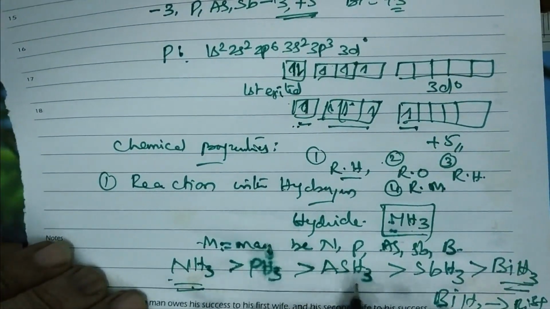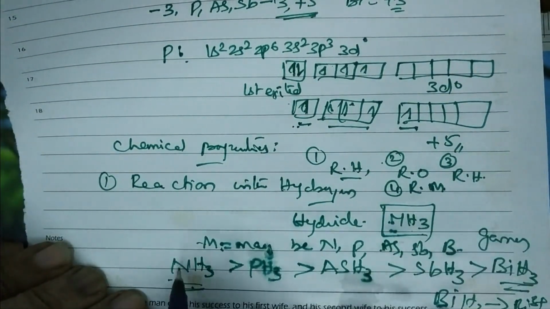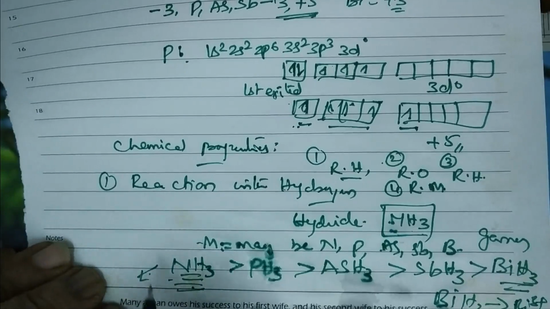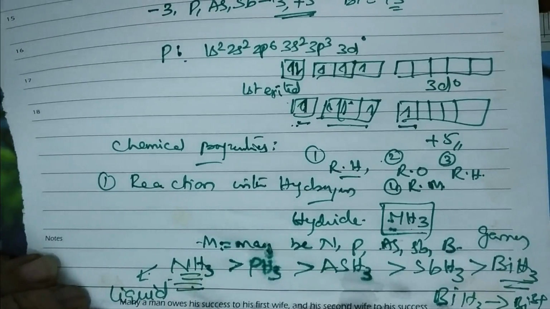All of these hydrides are gases, whereas ammonia can be condensed to a liquid also. Why? Because of the intermolecular hydrogen bonding between the nitrogen and hydrogen atoms, ammonia is easily converted into a liquid. The remaining ones do not convert to liquids.